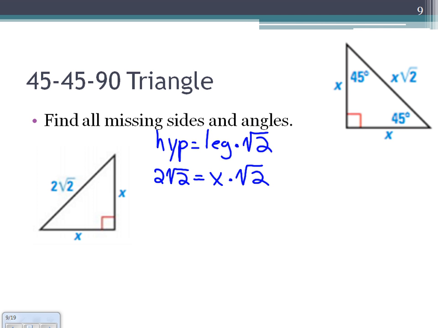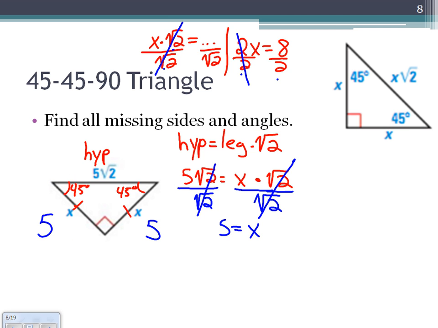Is everybody okay to this step? What do I need to do here, Ariel? You have to multiply what's inside the... I disagree. Notice that there's an equal sign between them. What did we just do on the last problem, Ariel, whenever we had this situation? You divided by what?